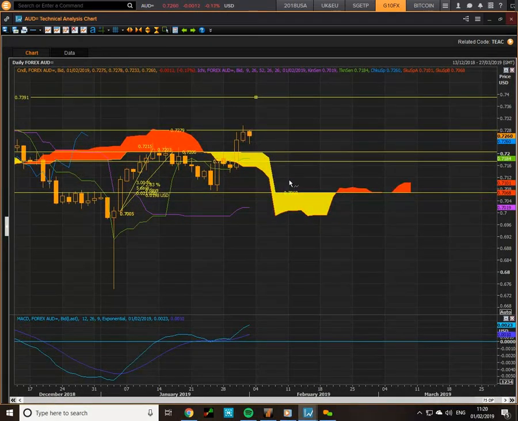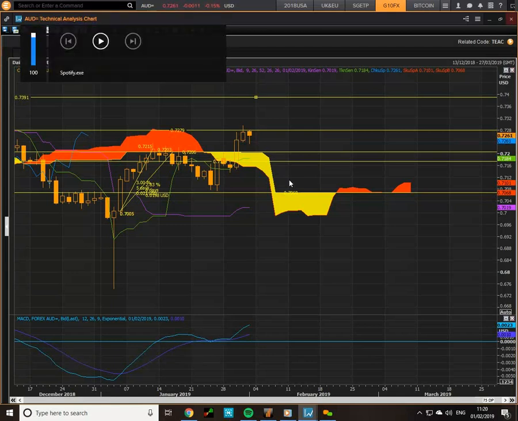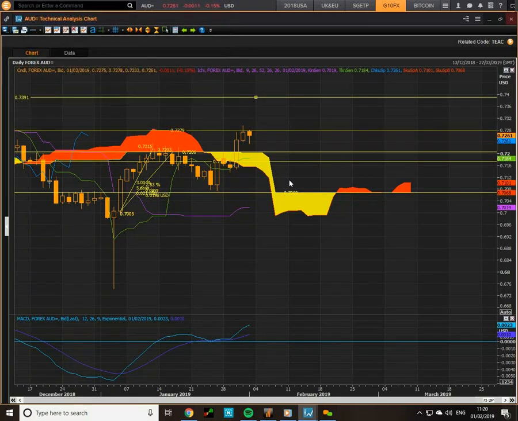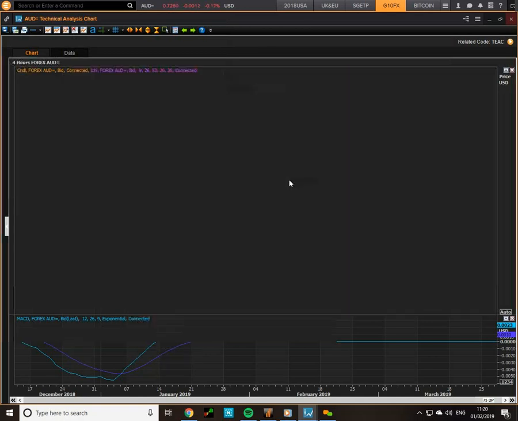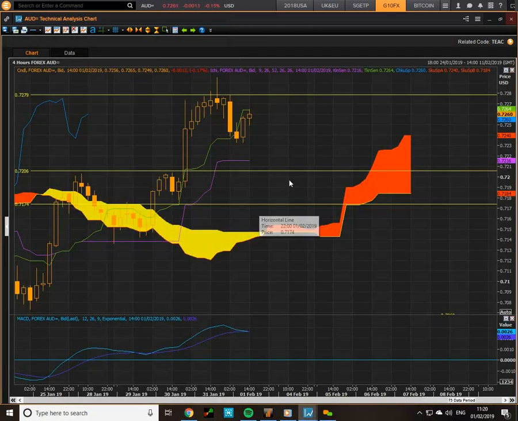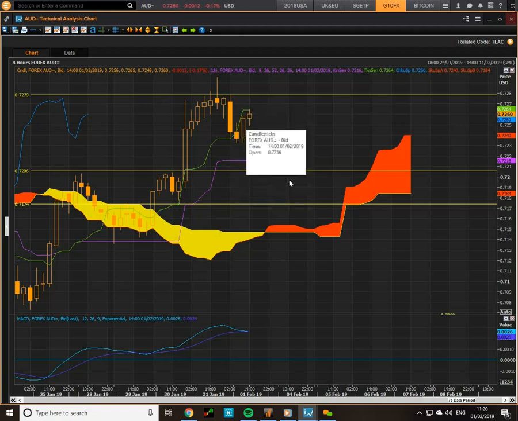The front end of the cloud is an early warning signal that we do have a new uptrend starting on this one. Right, if we go to the 4-hour chart, a nice little rebound from cloud chart support here. The front cloud is a key support level, as well as the standard line and the baseline.